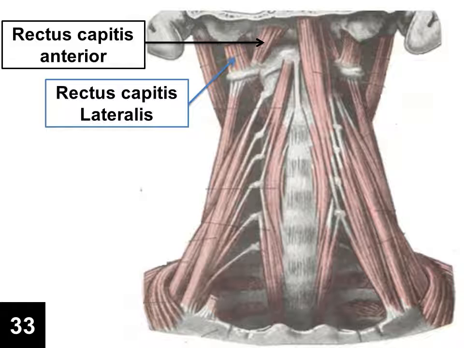Rectus capitis lateralis is attached superiorly to the occipital bone lateral to the condyle and inferiorly to the transverse process of atlas. The nerve supply is ventral rami of C1, and the action is also flexion of the head but laterally. That one flexes the head anteriorly, this one flexes the head laterally.